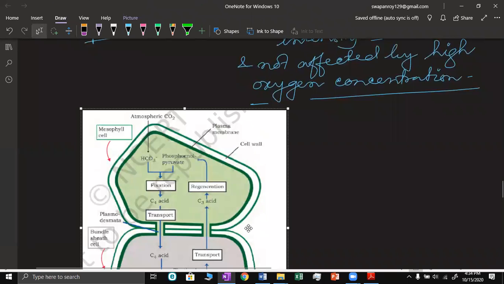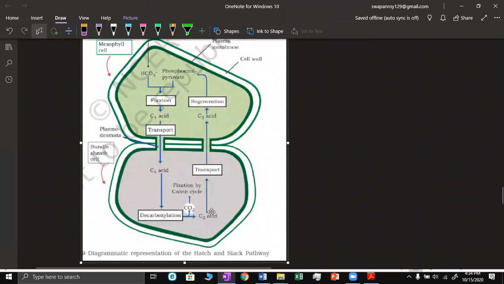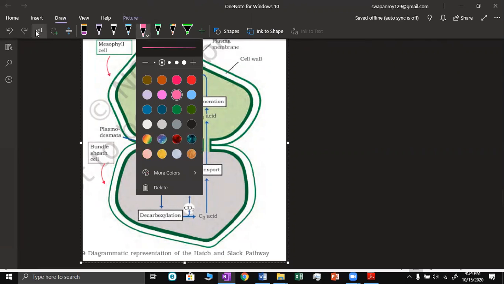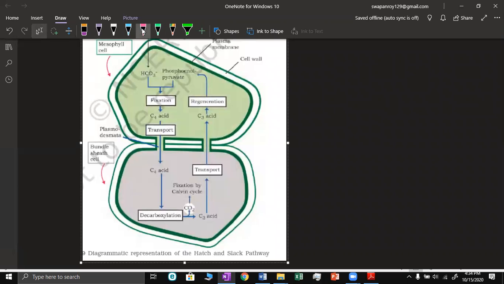Okay, here you can see this diagrammatically. These two cells have been shown.